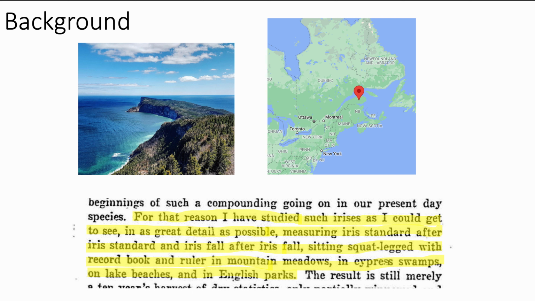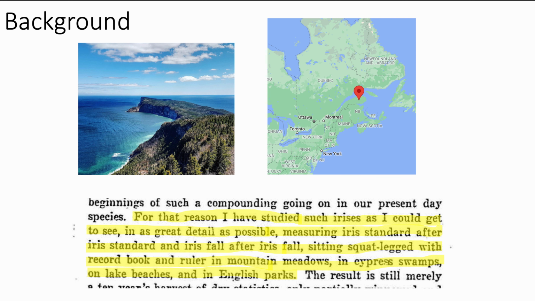The reason he mentions towards the end of the paper is that he has been collecting these data, or what he calls dry statistics, because he wants to test out the theory of evolution or provide data in support of it. He collects data for 2 different species of irises found in the Gaspe Peninsula, and he says that within a species there is individual variation.